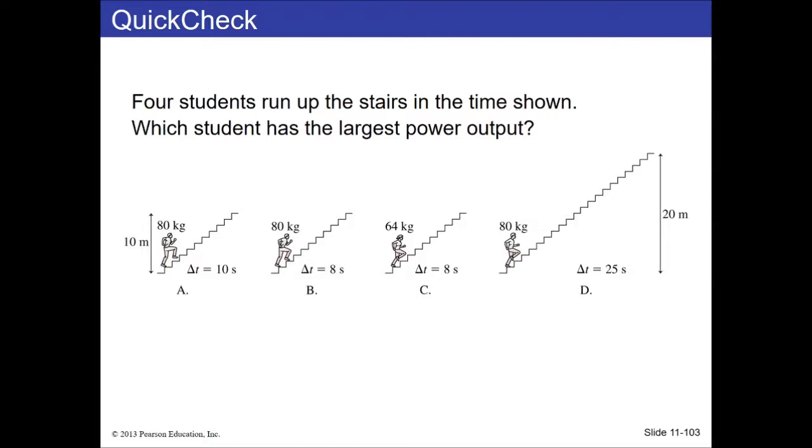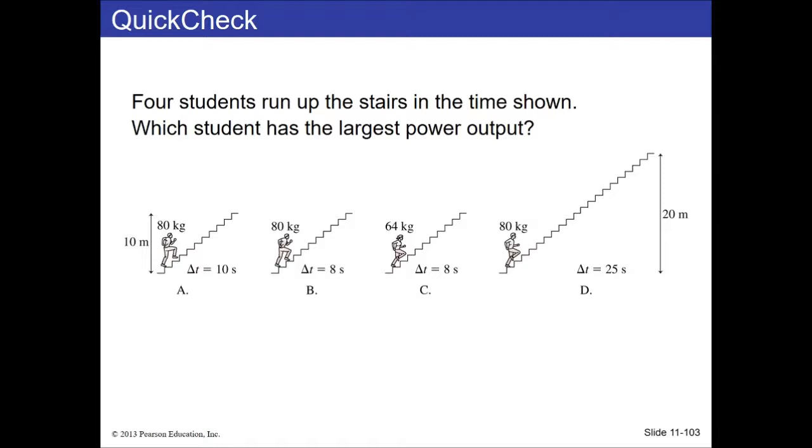Now, as you're thinking about this, let me talk a little bit about what you ought to be thinking about here. The definition that we want to be using here, we don't want to use the force times velocity definition because we don't really have any information about velocity per se here. We have a better sense of delta E over delta T. So there's a change in energy that occurs over a period of time.